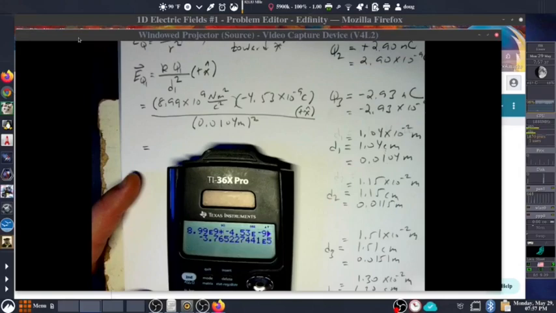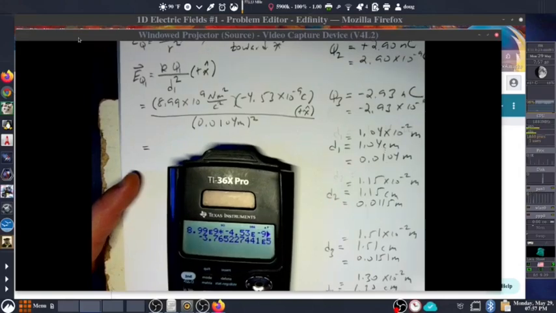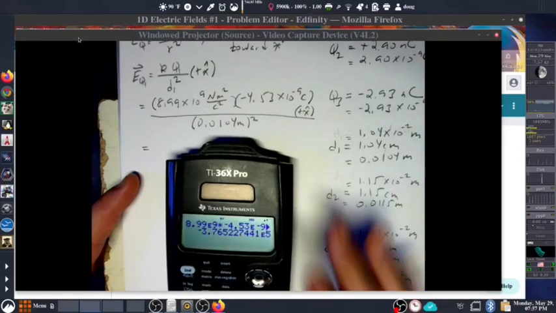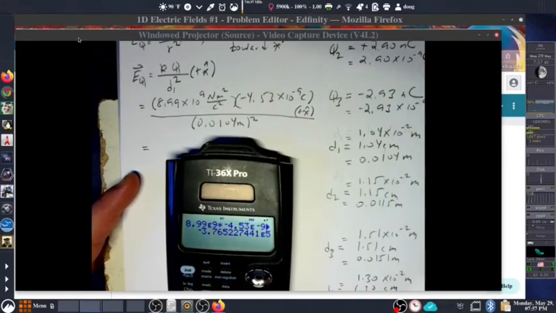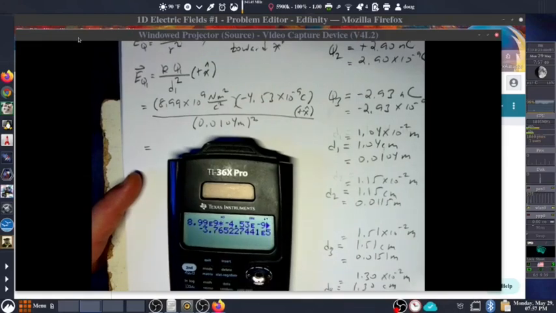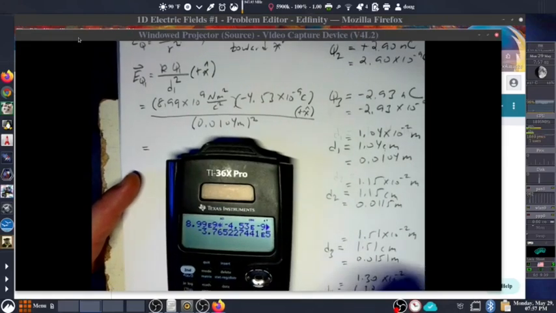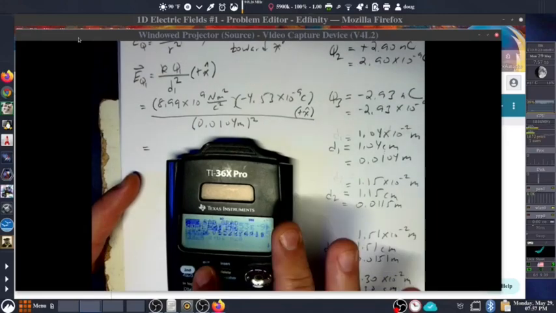I also want to point out, while I'm thinking about this, that at least for the TI 36X Pro, you have the option of converting between two different modes for how it displays the numbers. I've got it set up in scientific notation. You see I have that there.